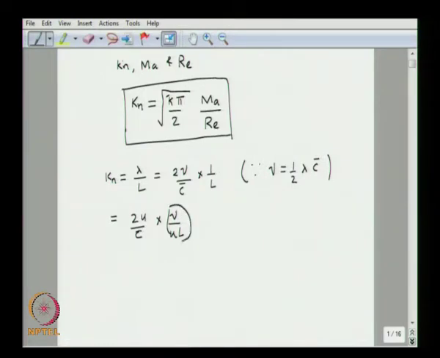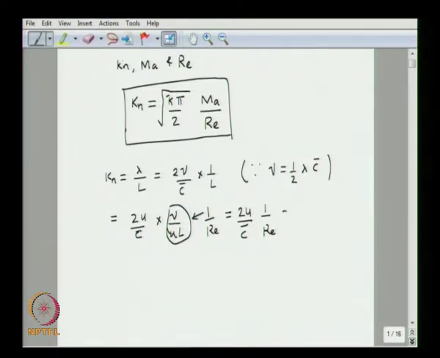So this term is nothing but 1 over Reynolds number, right. So you can write 2 U over C bar into 1 over Reynolds number.